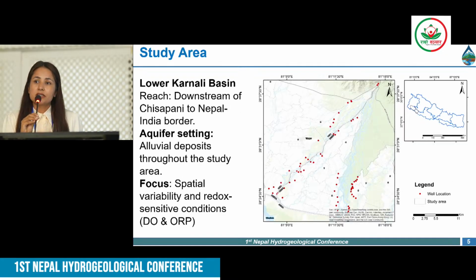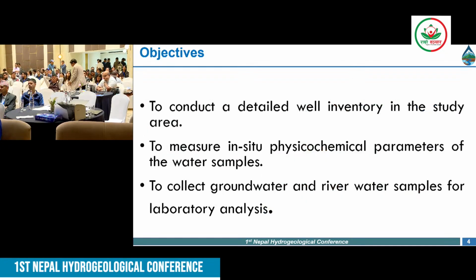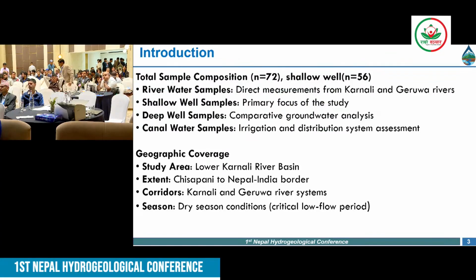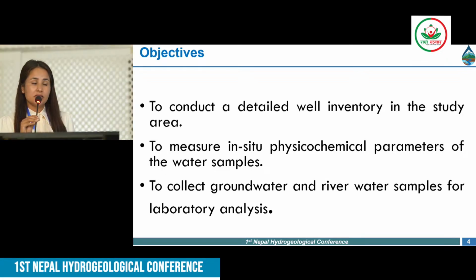So the main objective of this study was to conduct a detailed well inventory along the lower Karnali Basin, to measure in situ physico-chemical parameters of the study area, and to collect groundwater samples for detailed laboratory analysis.